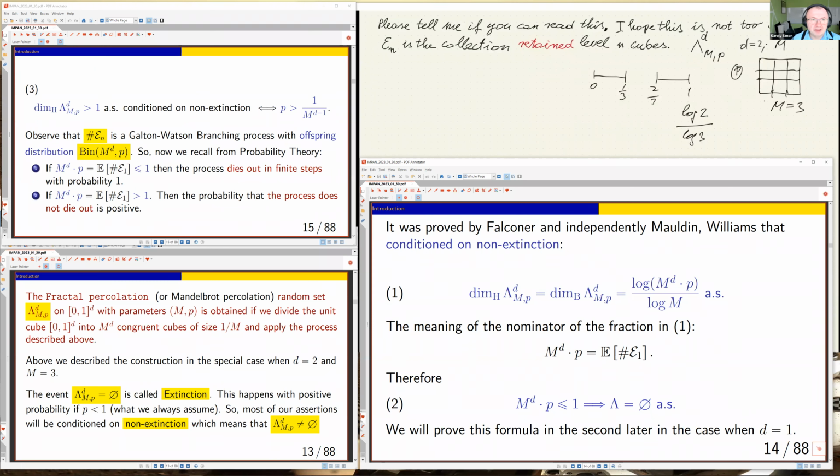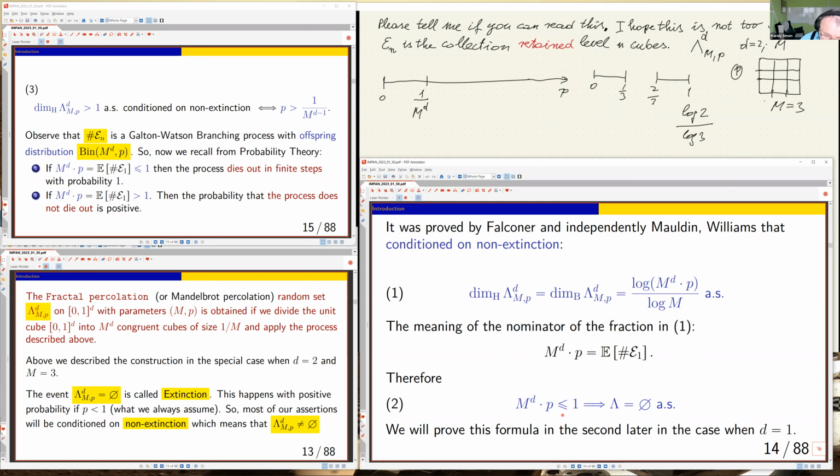Now we come here to this screen. So the Hausdorff dimension. This was one observation, that if we are in dimension d, this is 0, and here is p. Then what you always need is that p needs to be bigger than 1 over m to the power d.